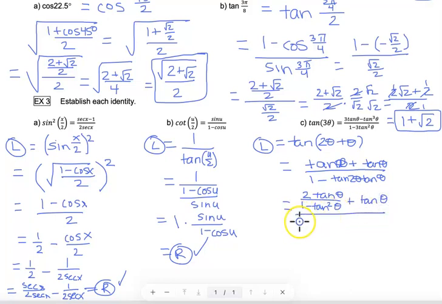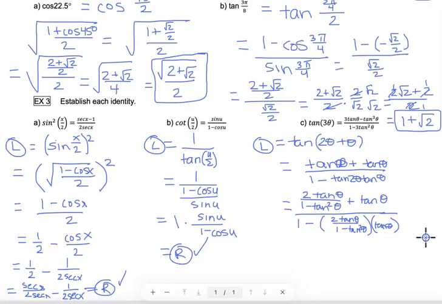And then I do the same thing on the bottom, 1 minus, and then it's going to be this whole thing, 2 tangent theta over 1 minus tangent squared theta. And then that's going to be multiplied this time by tangent theta. So lots of simplifying to do in this case.